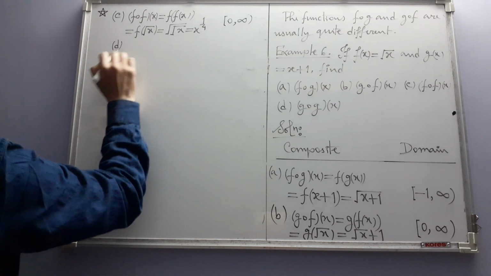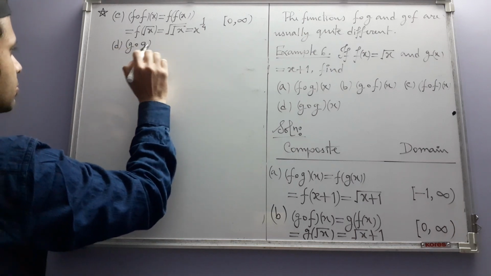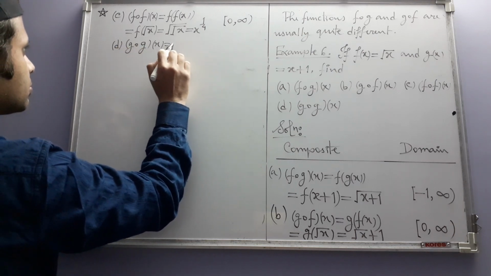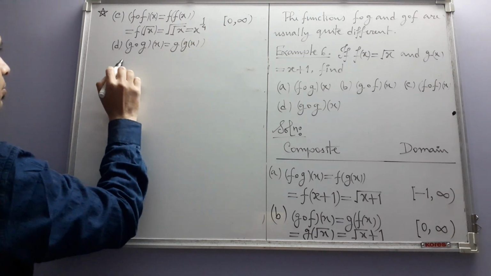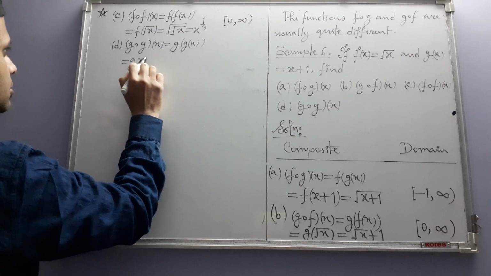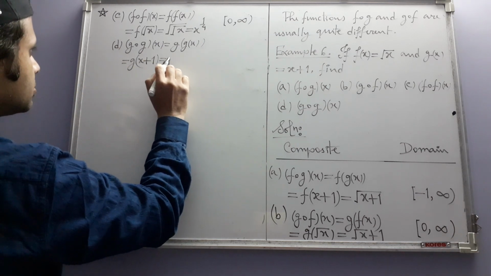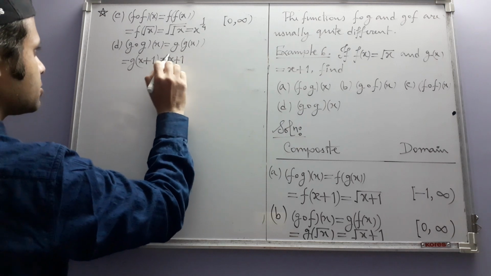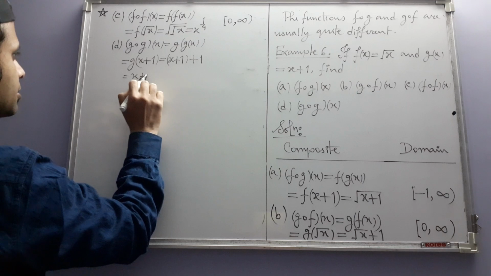And finally in part D we have this. So this is g of x plus 1, which again is x plus 1 plus 1, that is x plus 2.